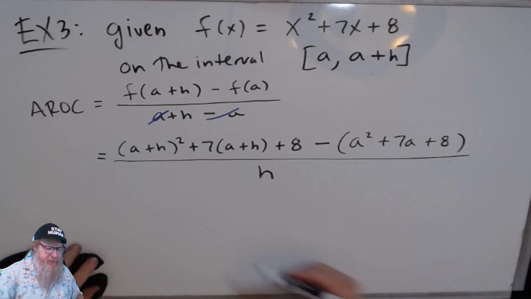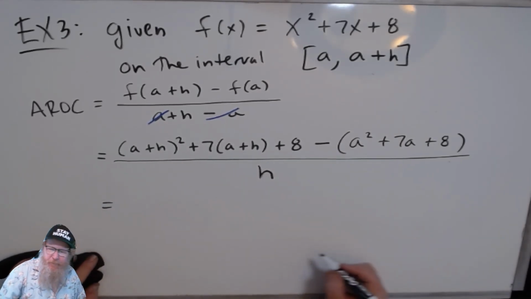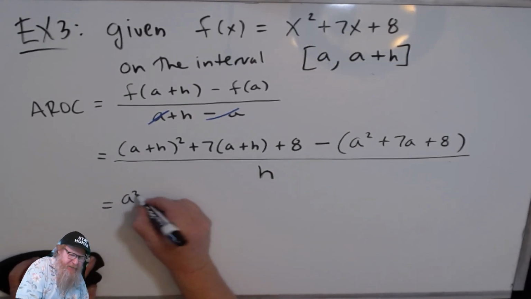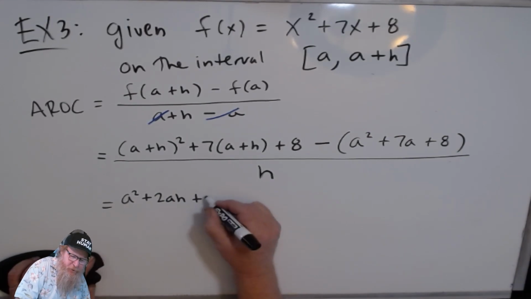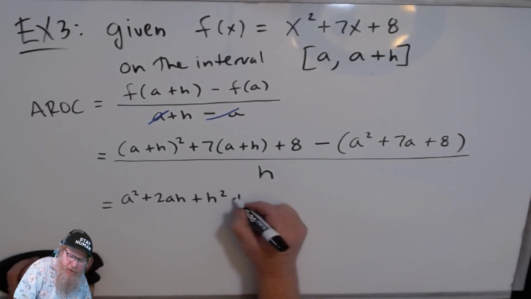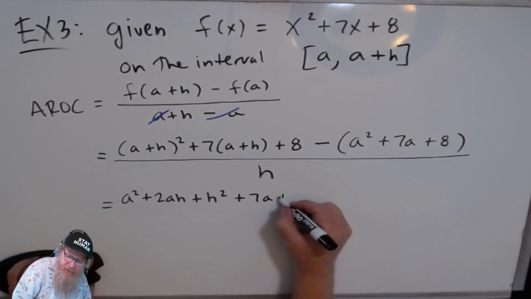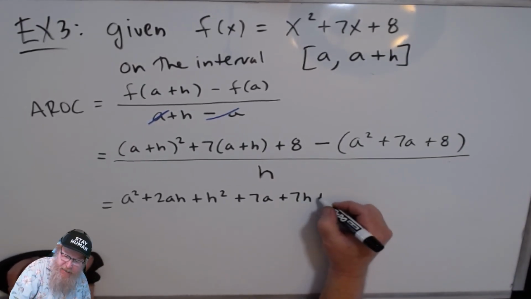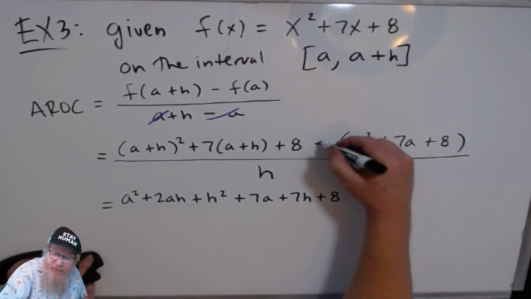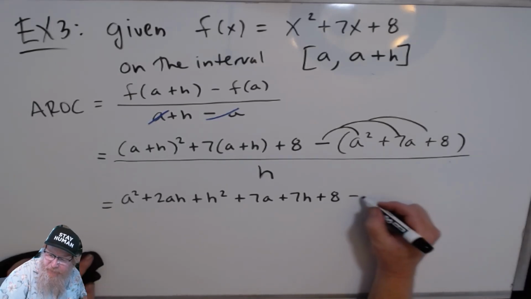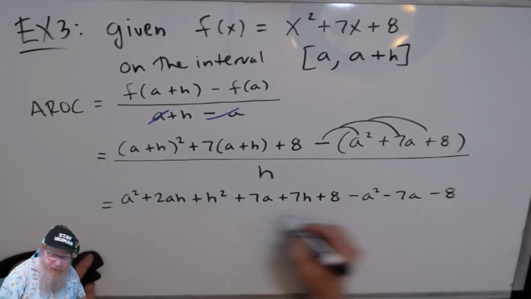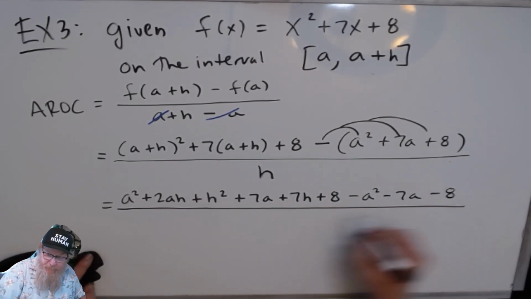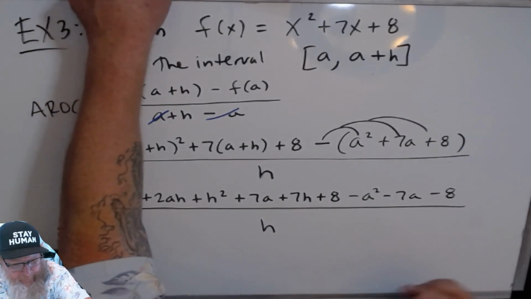That's legal. All right, let's clean this up. So that's going to be A squared plus 2AH plus H squared plus 7A plus 7H plus 8. Distribute this negative: negative A squared, negative 7A, negative 8, all over H.